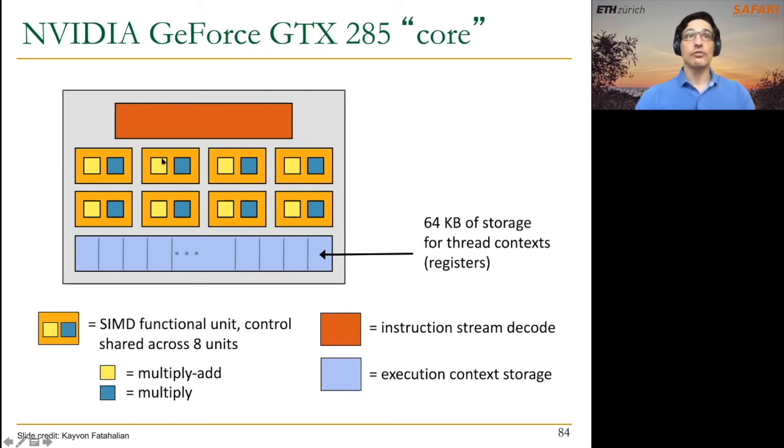And inside each of the functional units, so these are the lanes, what we have called lanes over the course of the lecture, we have also several execution units, like for example, execution units for multiplication or execution units for multiplication and addition in a single cycle. And then there are more components here, like the instruction stream decode, which is the decode unit, and then some execution context, which is like PC, mask, registers, etc.